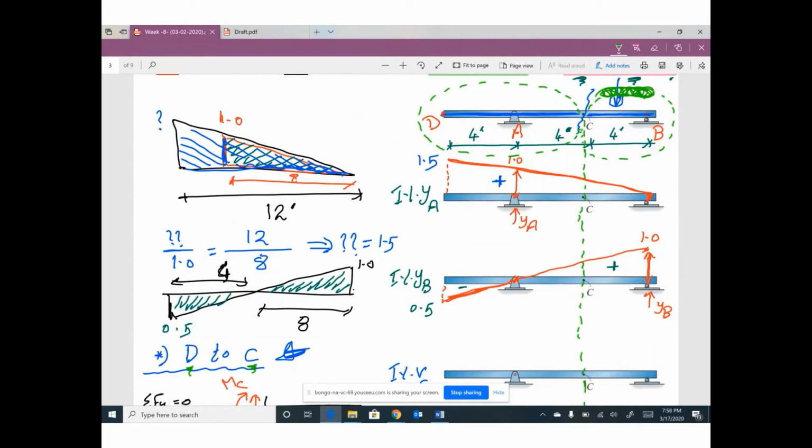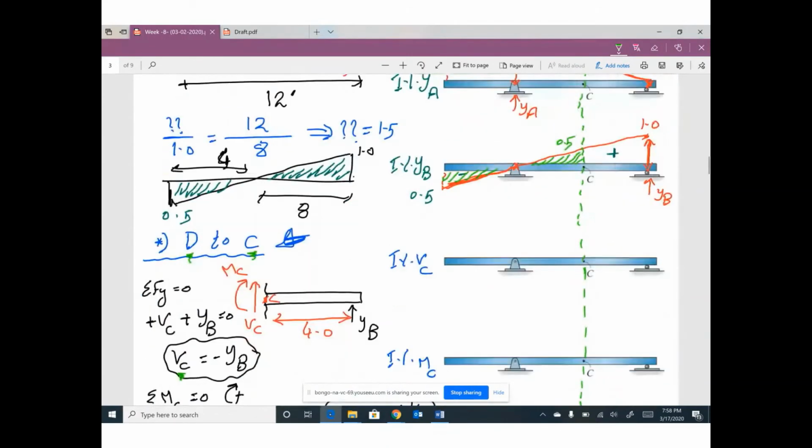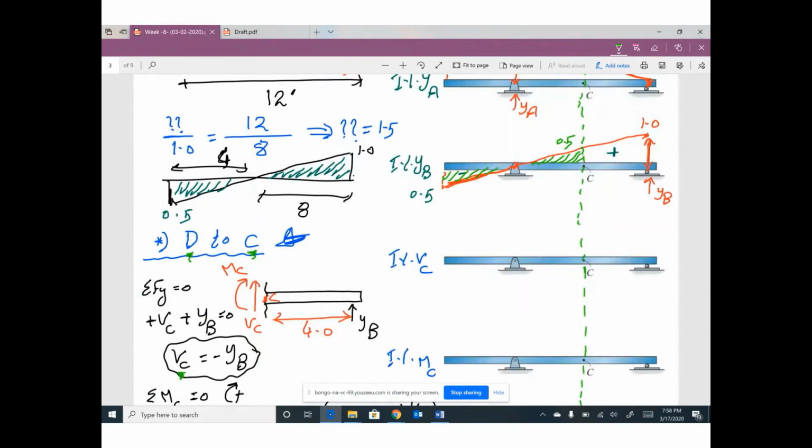From D to C, you are talking about this part of this diagram. I think this value will be 0.5, maybe from triangle similarity. So get this diagram of YB and multiply it by negative. Multiplying by negative means this diagram will be the same shape but in the opposite direction, like this.